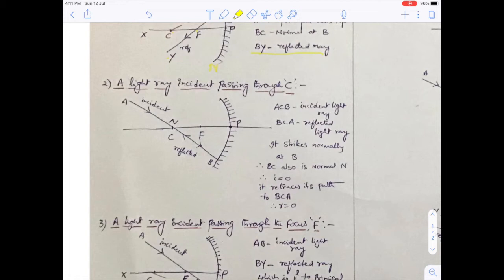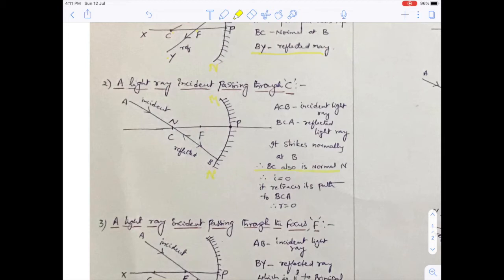Now coming to the second rule, here it is a light ray passing through C, a light ray incident passing through the center of curvature. Now P is the pole, F is the focus, C is the center of curvature. Now ACB is a light which is incident on the surface MN and it falls normally at this point B, and therefore BC is the normal.